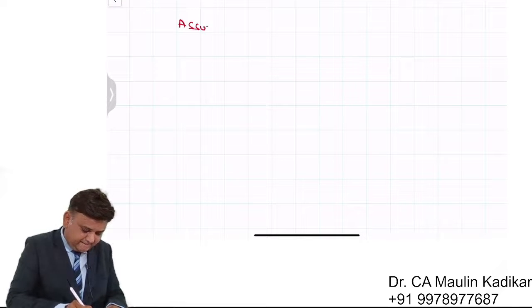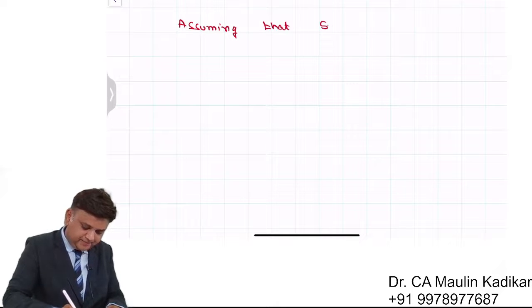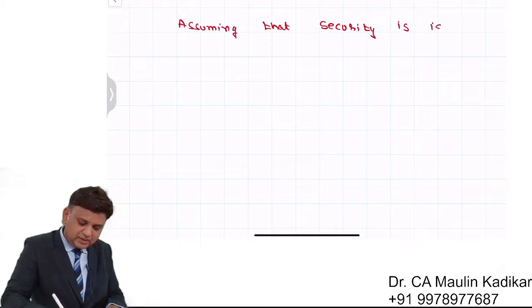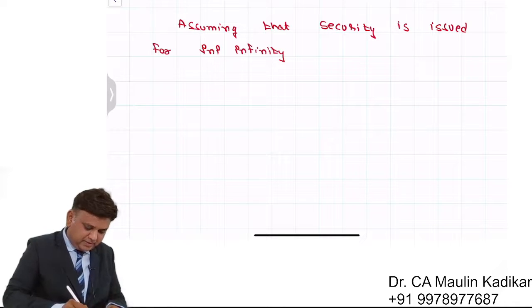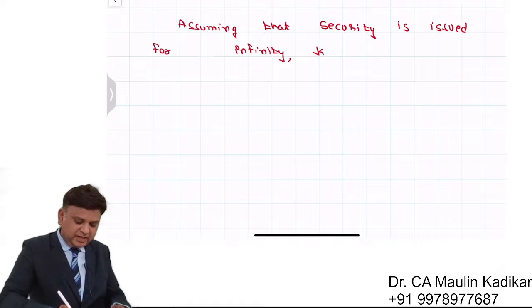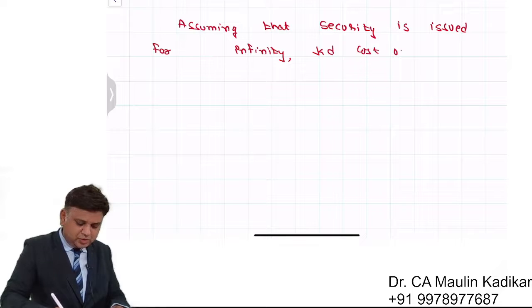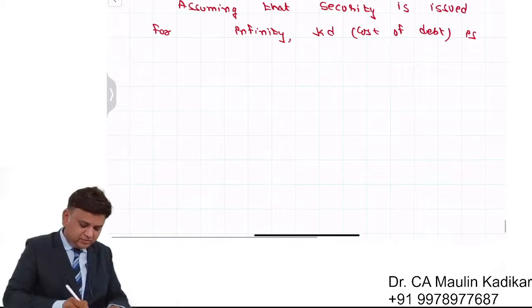Assuming that security is issued for infinity, comma, KD, cost of debt, is calculated.